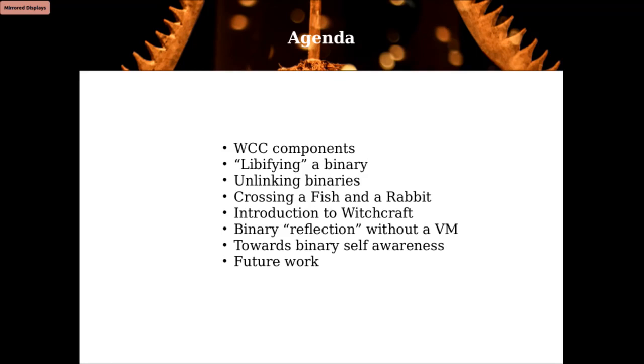Then I'll show you how to transform a PE file into an ELF. And then we'll do some proper witchcraft. In particular, I'll show you reflection-like capabilities, much like in Java, but without a VM, for binaries.